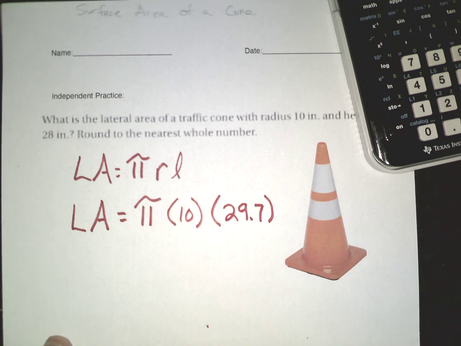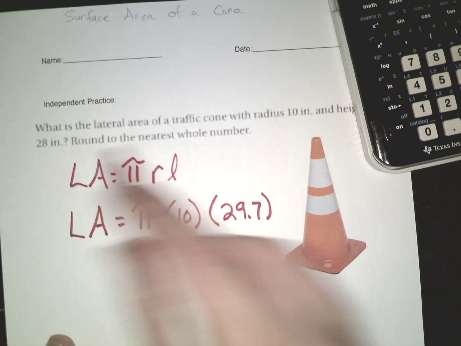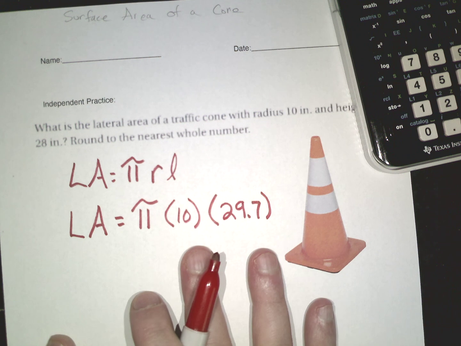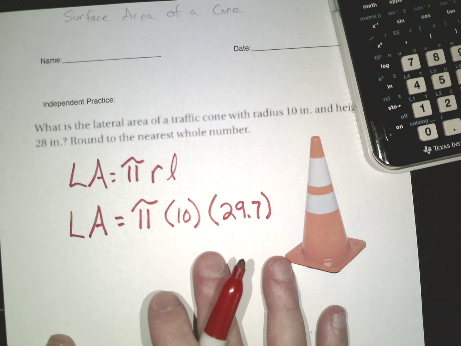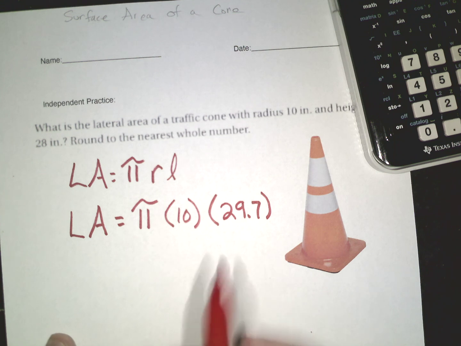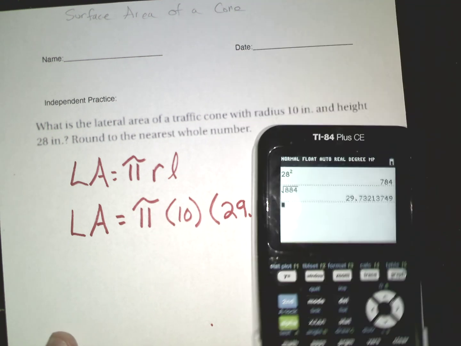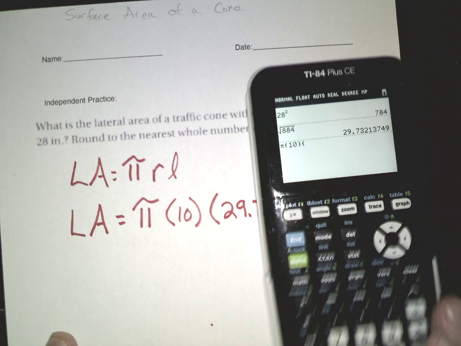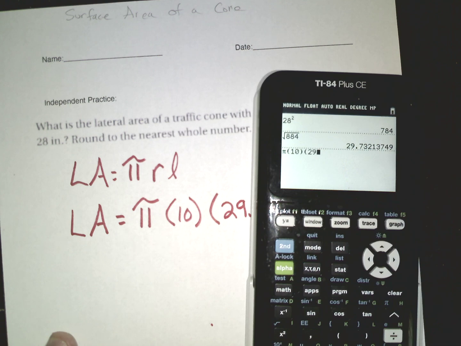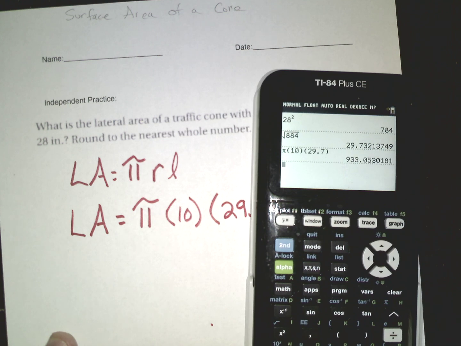That's it. They say round to the nearest whole number, so they don't say keep it in terms of pi, so I got to do a little bit more work. The number's going to be a little bit messier. So let's do this first: pi times 10 times 29.7, close parentheses, and I get this.